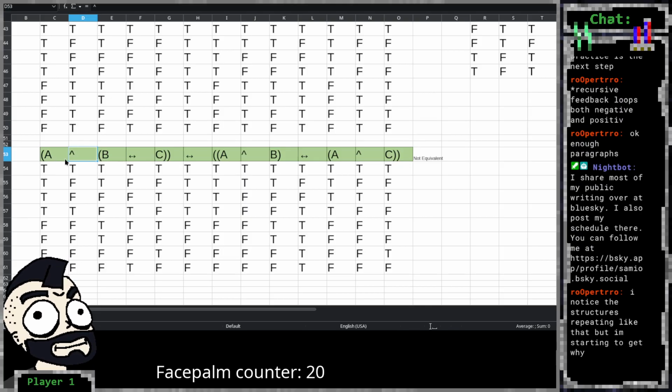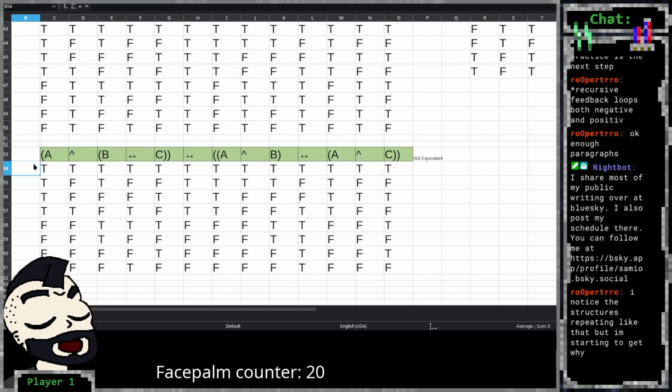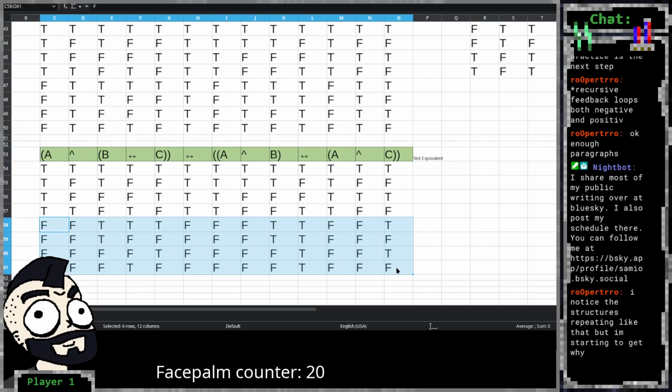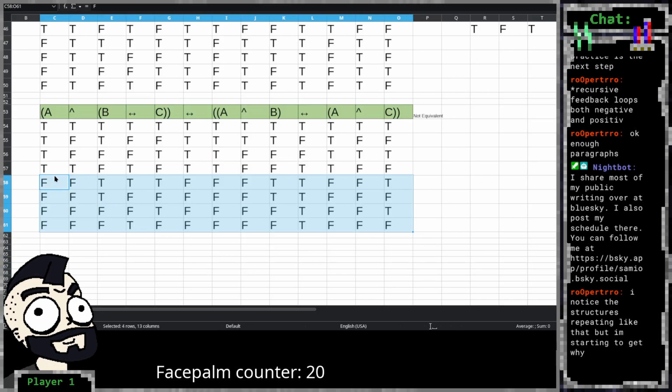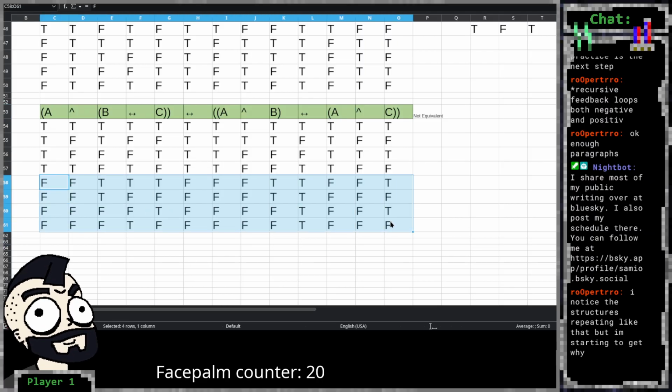So this formula is telling me A and B if and only if C. This formula is automatically going to be false in the 4 bottom rows, because in the 4 bottom rows, A is false, and both sides need to be true. So here again, this is going to be false because A is false, therefore the conjunction is false. So we have some of the same structure, but we'll see what happens.